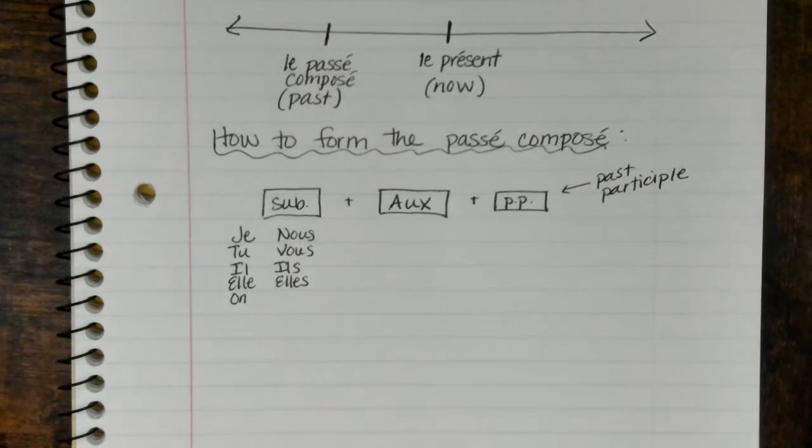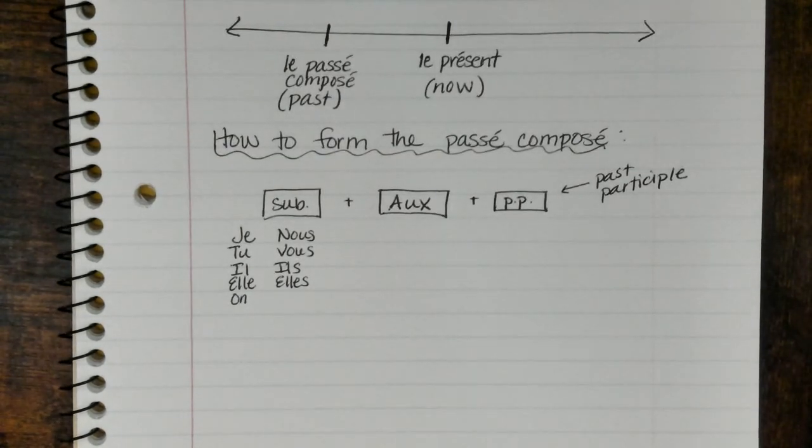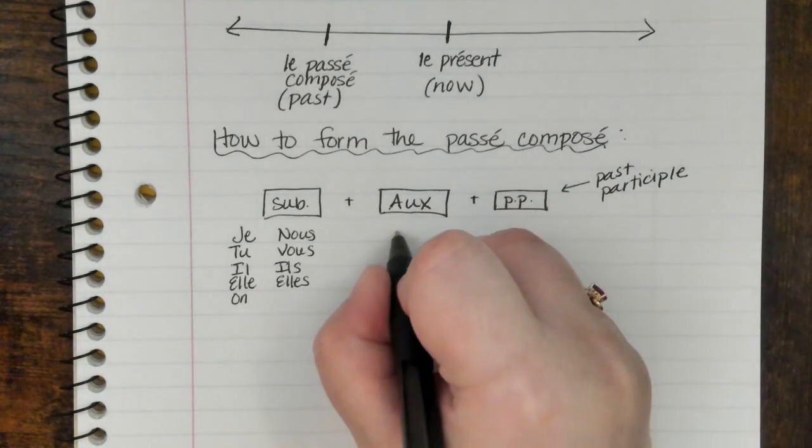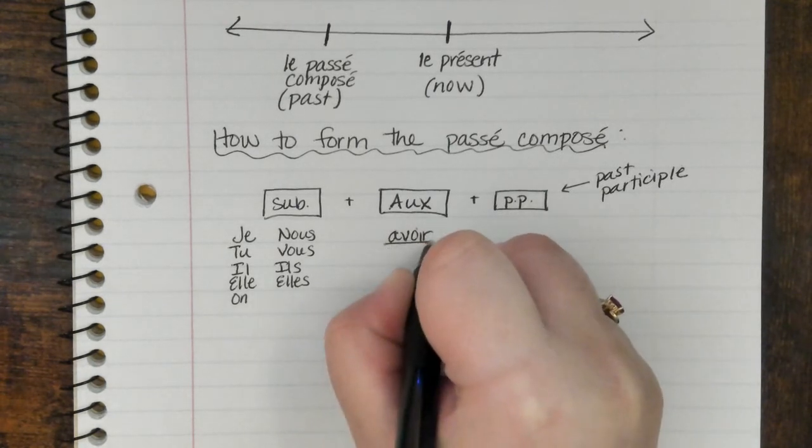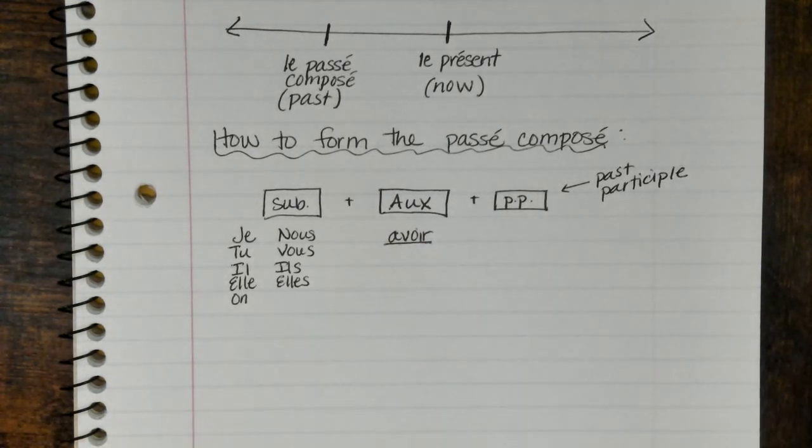Okay, any of those can be your subject, or any noun, including proper nouns. The auxiliary is usually the verb avoir. Now, there are some times when it's not avoir, but for now we're just going to worry about the ones that are avoir, and that's most of them.